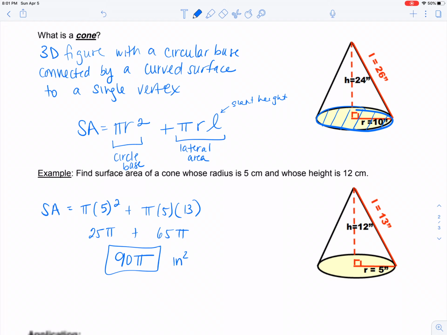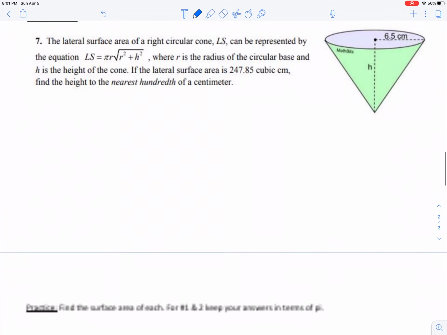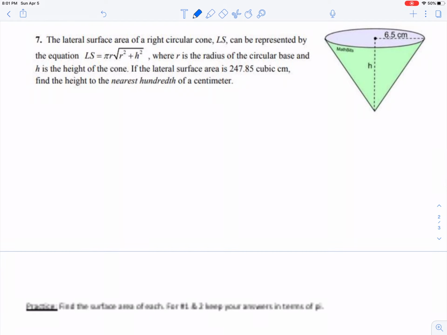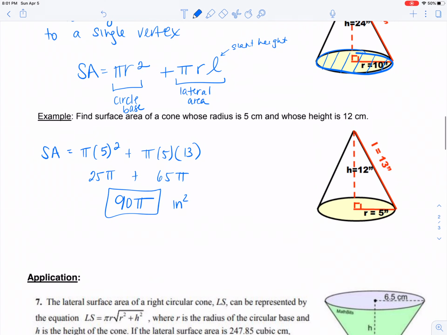Okay. The last one is more algebra than geometry because the formula is given to you. So the lateral surface area can be represented by this equation. Now notice this lateral area is different from the formula that I gave you here with the pi r L there.